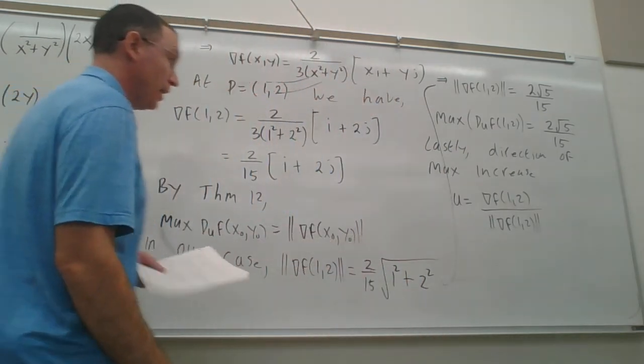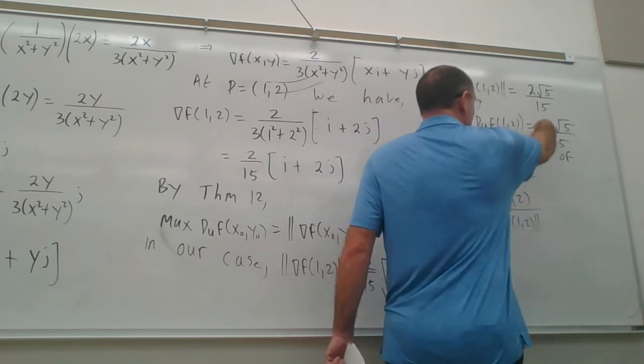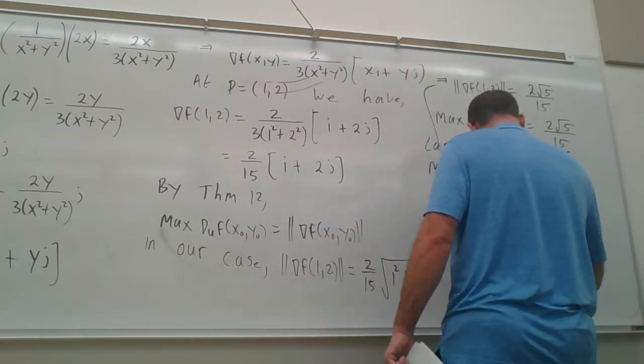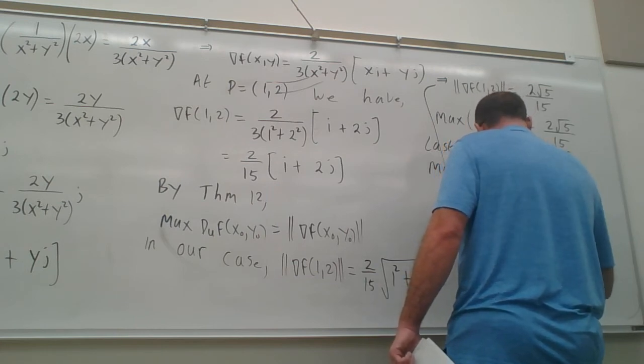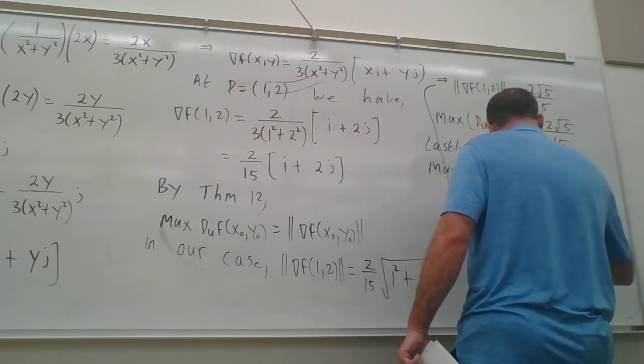So normalizing that, you're dividing by the magnitude, so I turn it over: 15 over 2 square root of 5, times our gradient.